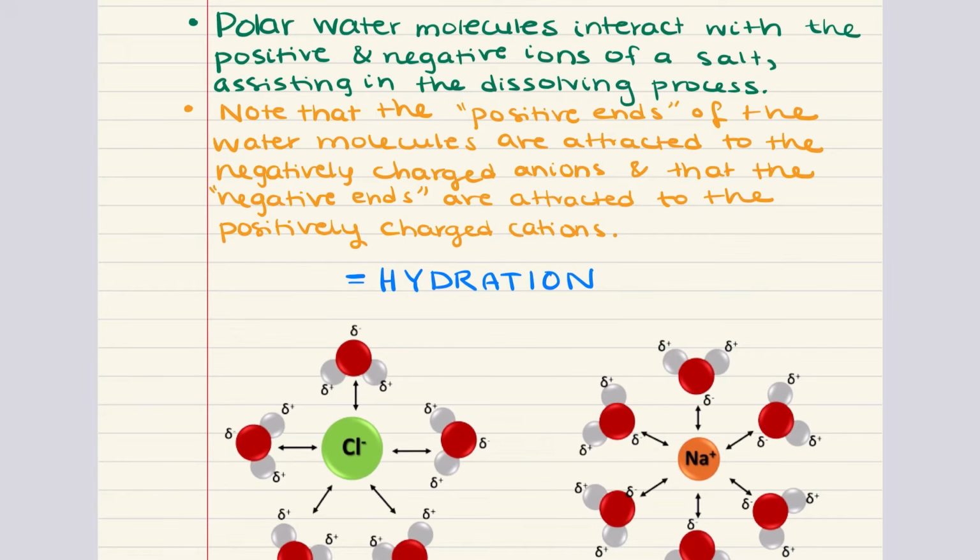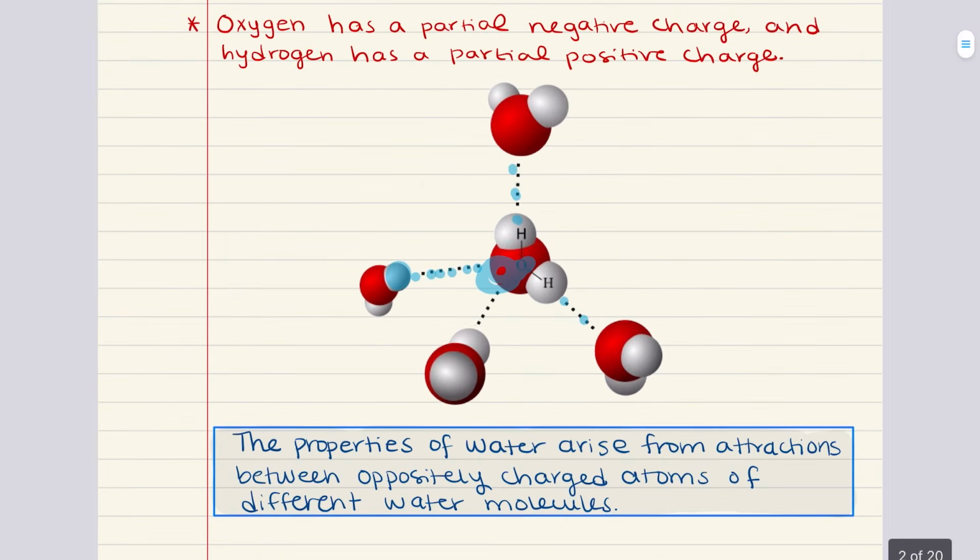What is really happening here if we dissolve ionic compounds in water? Now that we know a couple of things, we know that our water molecule is partially charged. We have a partial negative charge on the oxygen, partial positive charges on the hydrogens. One water molecule can interact with other water molecules through hydrogen bonding. And then these partial charges can interact with other kinds of charges.